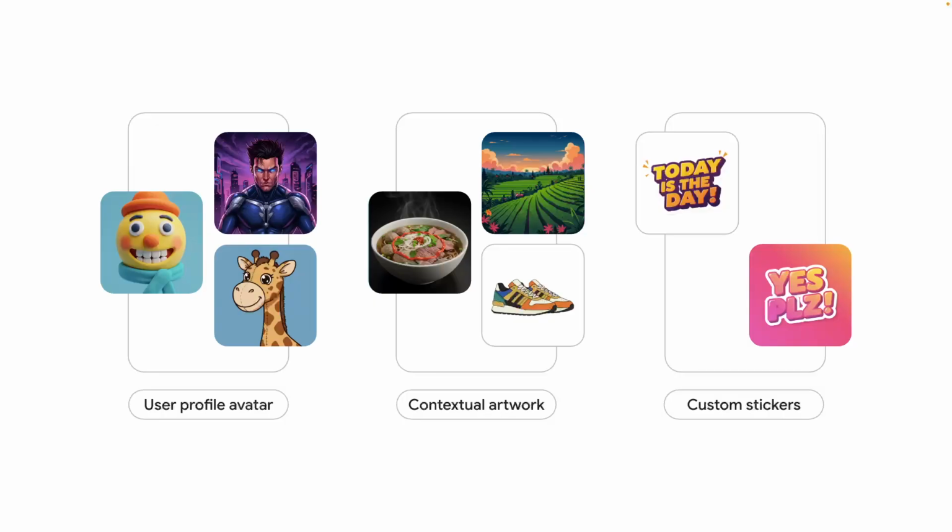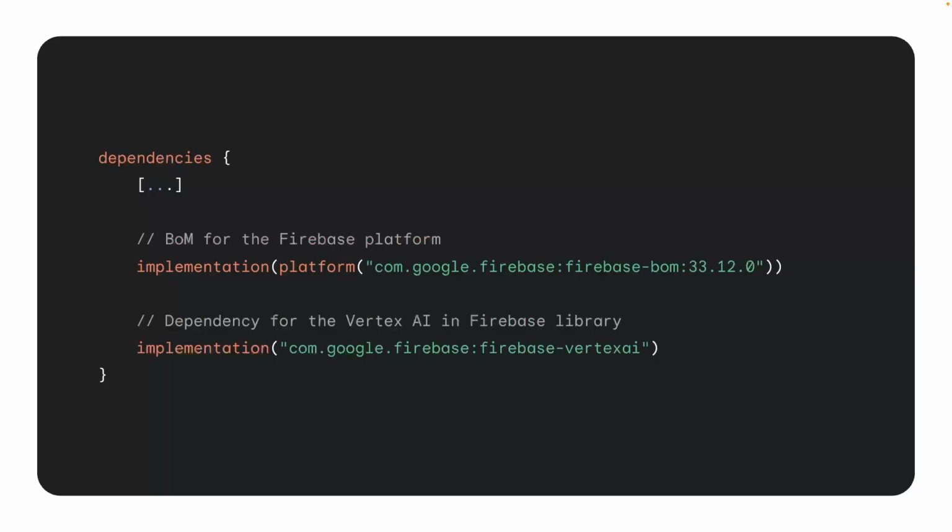You can generate visuals tailored to the content of your application and even create richer user experiences. For example, users can generate custom artwork for their app profiles, or if your app is using stickers, you can let users create personal and custom virtual stickers that only they will be able to use.